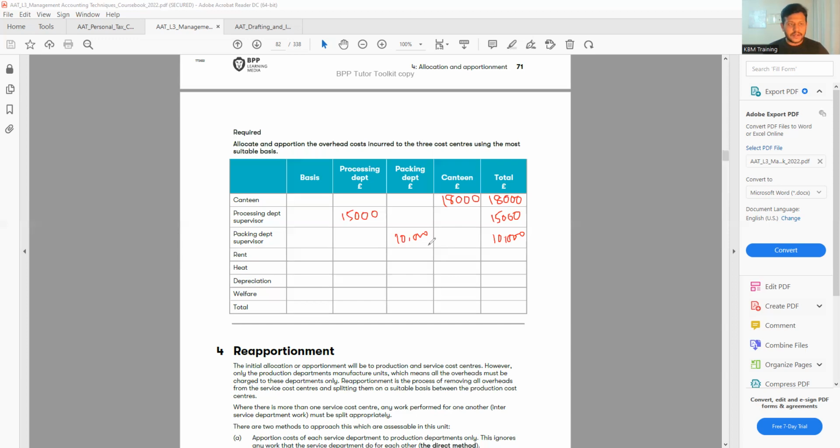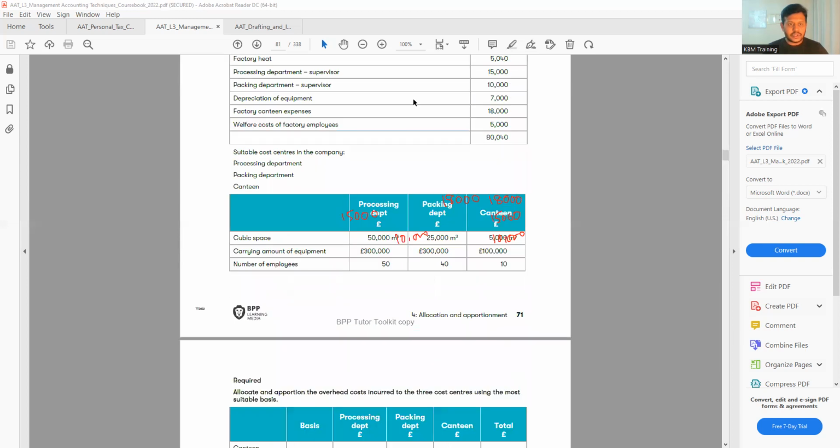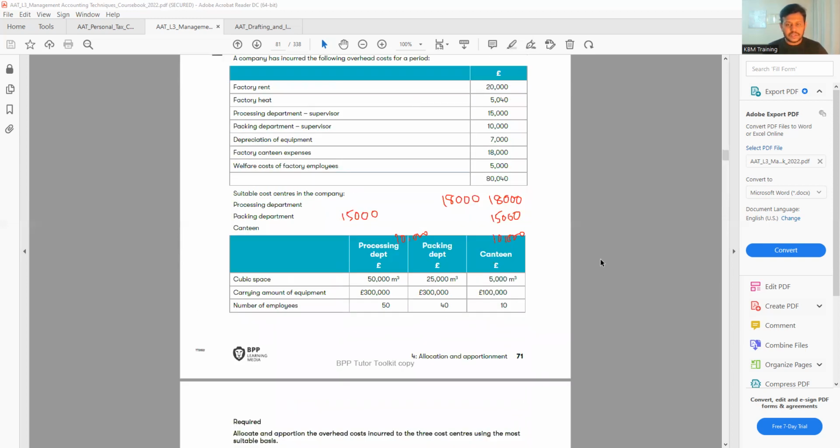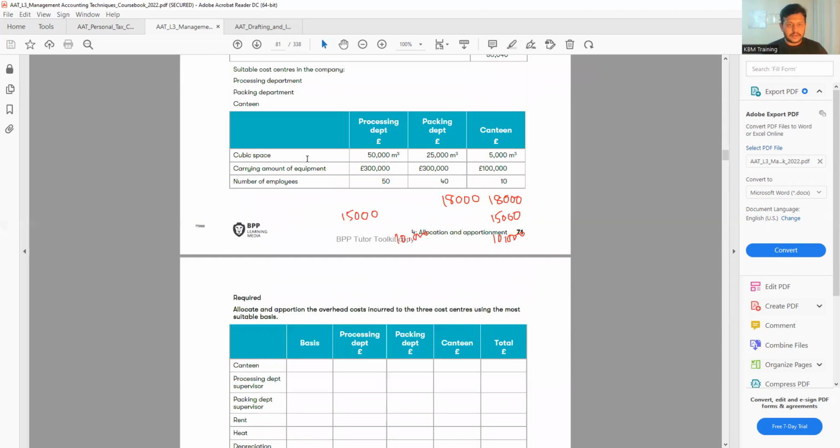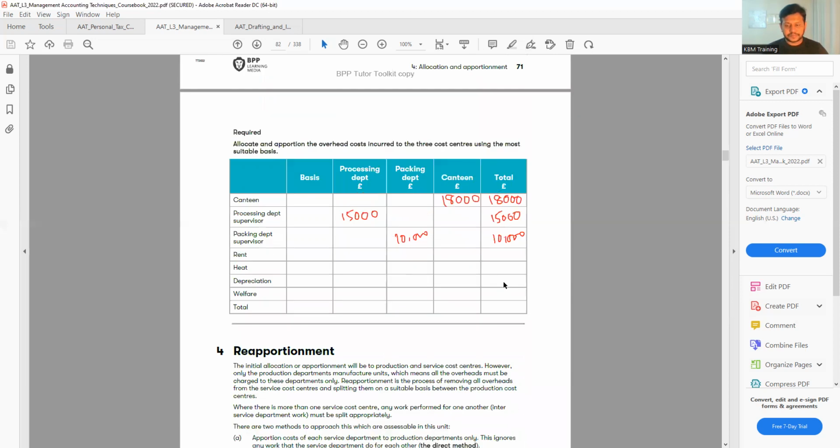Now we need to go to the rent. How much is the rent? Our rent cost is 20,000. For this 20,000, we use the floor space, 50, 25, and 5, and we have to split between the three departments. So the rent is 20,000 total.